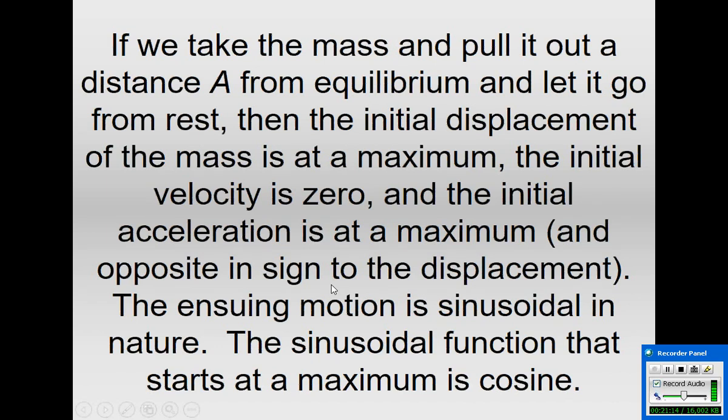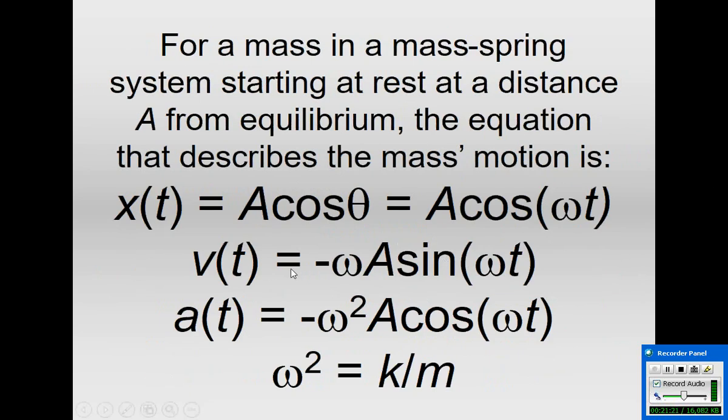The cosine of 0 is 1, which is the maximum possible value. So as a general rule, I can express my displacement as a function of time as the amplitude times the cosine of omega t.